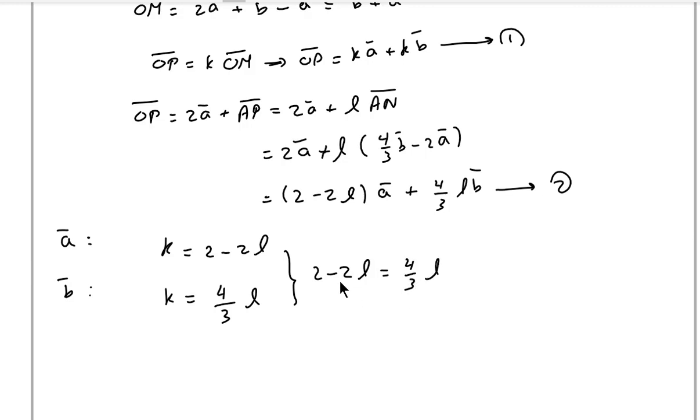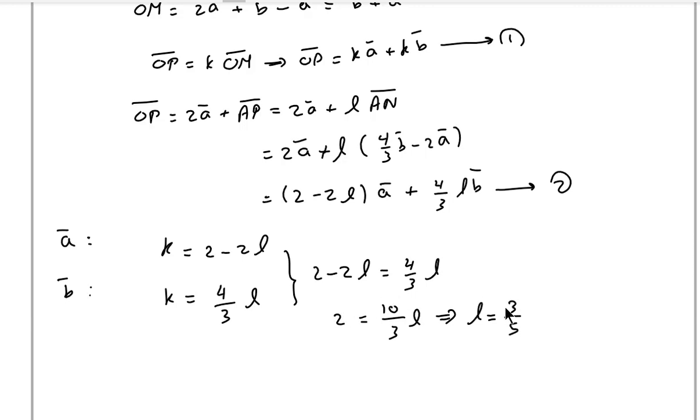Which means that 2 equals 2L plus 4 over 3 L. 2 means 6 over 3, so 6 plus 4 will be 10 over 3 L, which finally means that L equals 6 over 10, or 3 over 5. Very good.